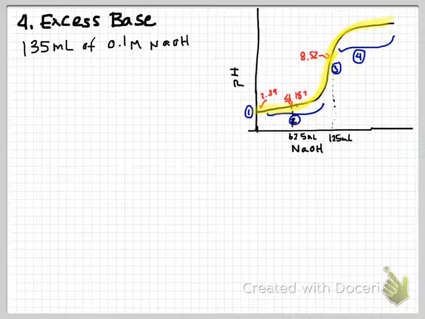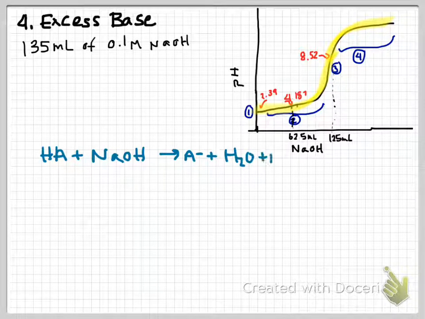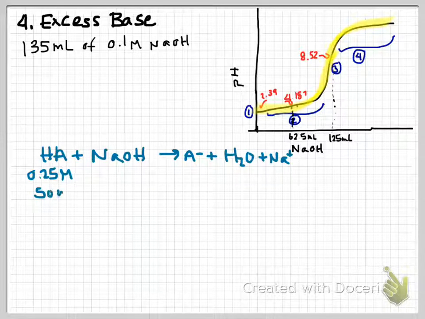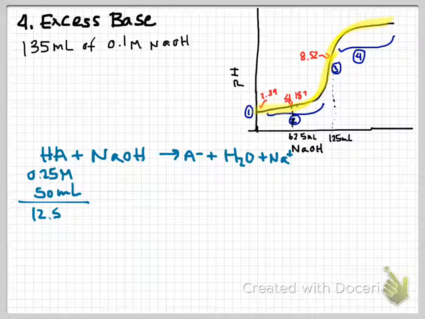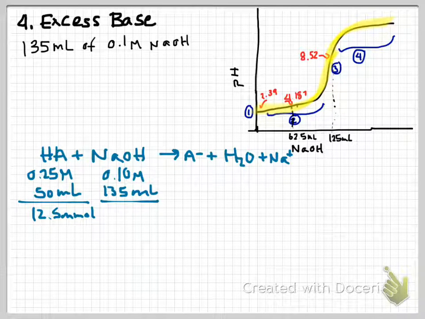Still looking at the same neutralization reaction, I still have my 0.25 molar, my 50 mils, 12.5 millimoles. And here I have 0.10 molar. And now I have 135 mils of NaOH, because I'm greater than the equivalence point, which was at 125 mils. So I have 13.5 millimoles of NaOH.